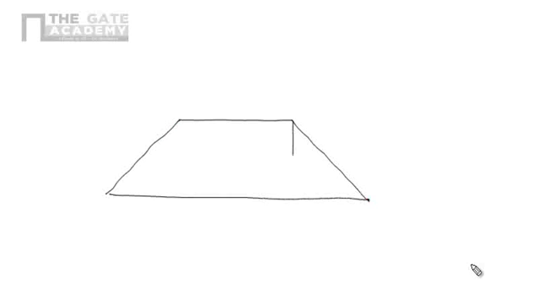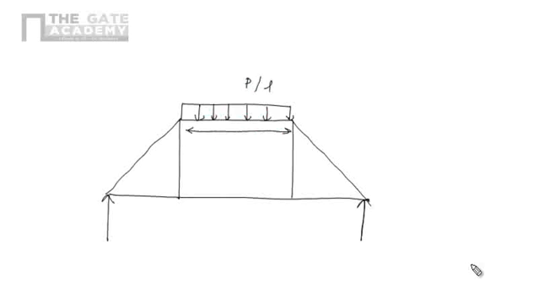I am again drawing the truss for our understanding. This is the G1 truss. Here it is a uniformly distributed load, intensity is P per unit length.